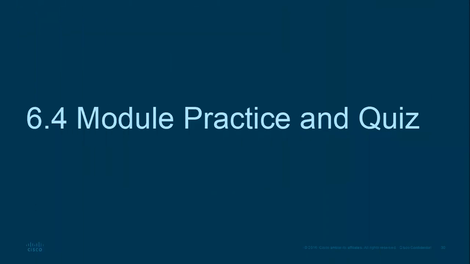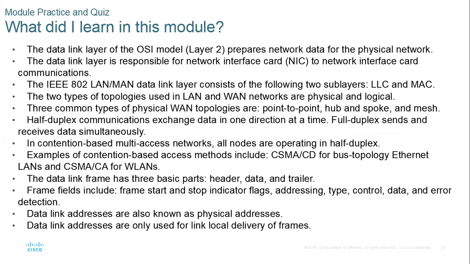For module 6, we're concerned about the data link layer. What did we learn? We learned that layer 2 is the guy that intermediates between layer 1 and layer 3. We also learned that there are two sub-layers, the logical link control and the media access control, that is the LLC and the MAC.